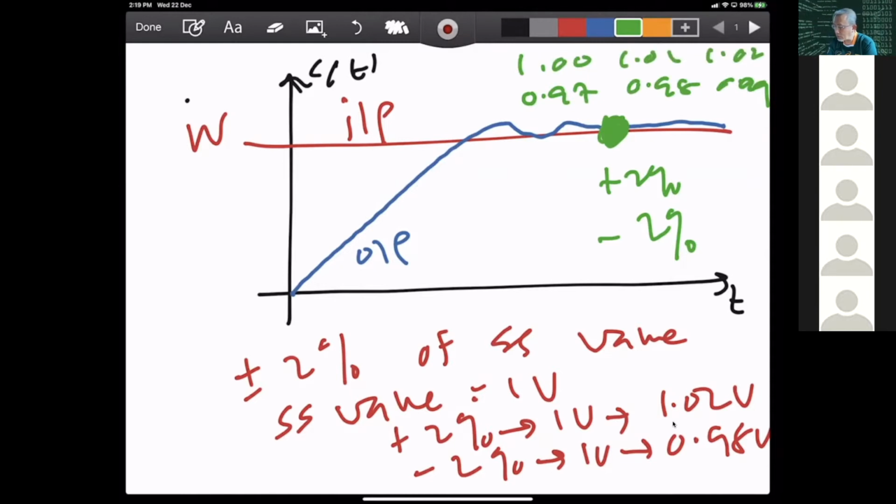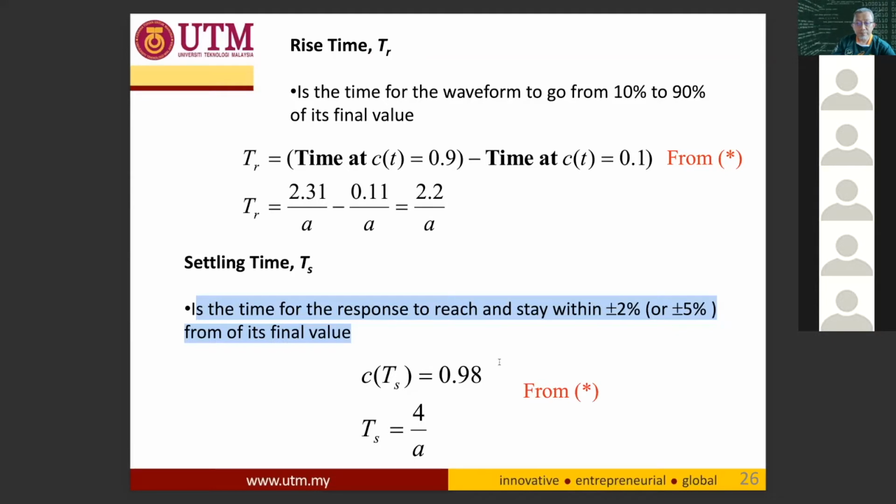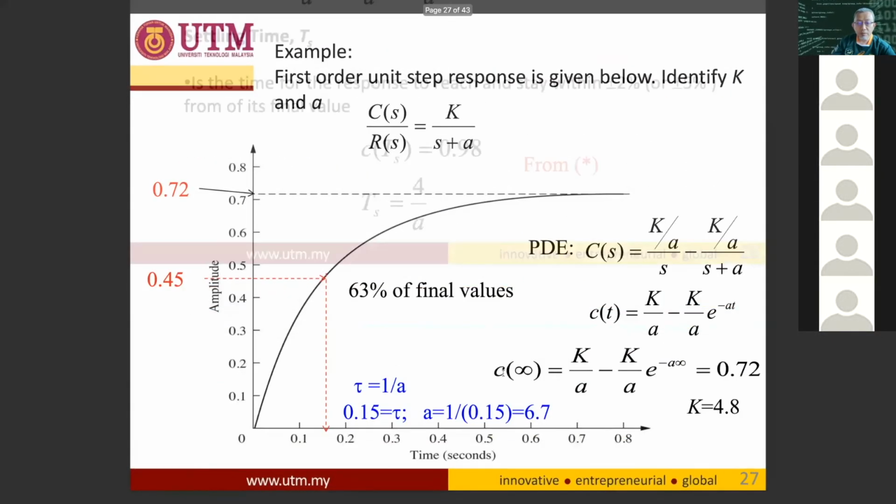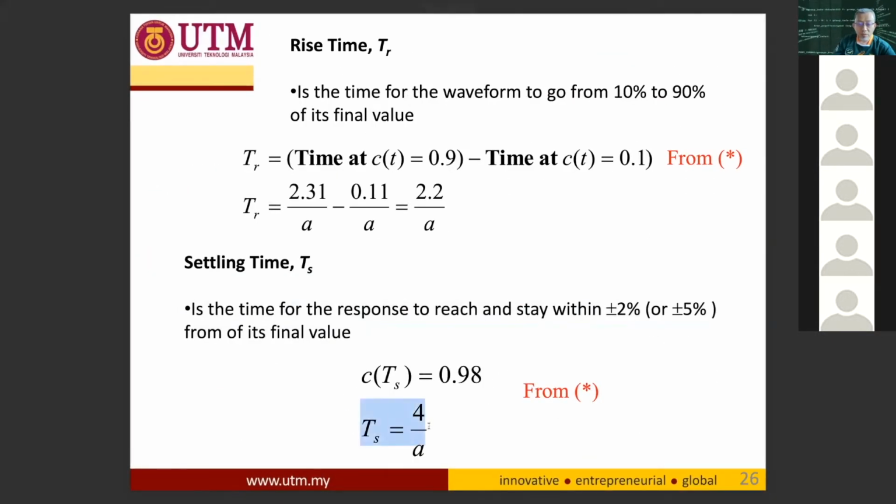So which one comes first, either this one or this one? That is the settling time. Or we can simply use settling time is 4 divided by A, provided you know the A value, the pole value. Rise time is 2.2 divided by A.